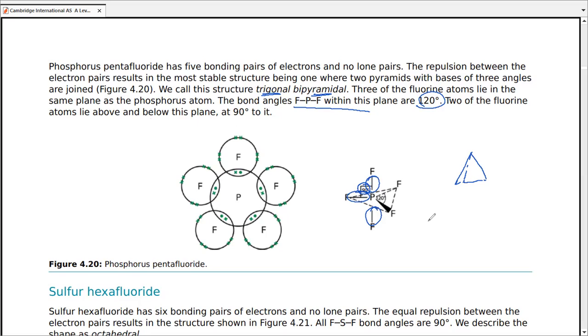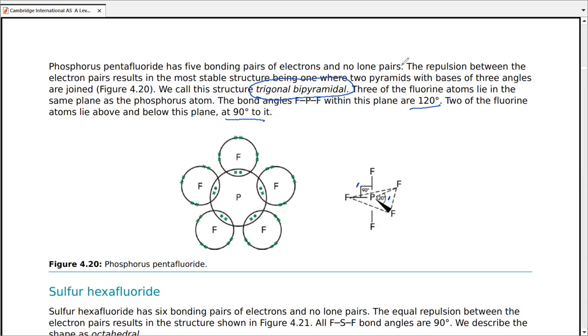Make sense? Maybe the writing is making it difficult for you to see. So there we have the 120 angle, and there we have the 90 angle. Are we good? Can we move on? Yes, sir. Remember, in this example, there is one shape name, but there are 2 angles to be mentioned before you get complete marks for it.